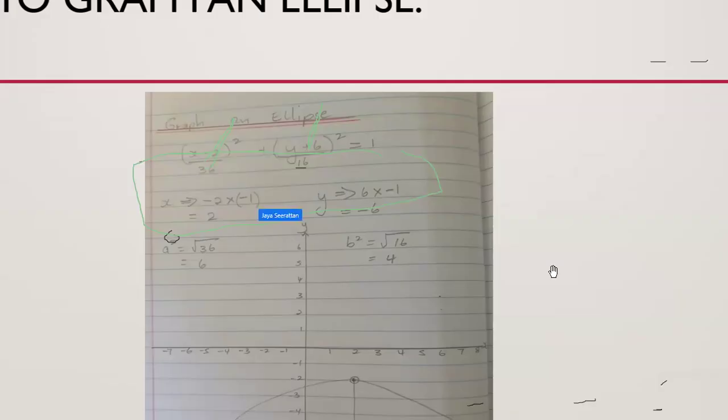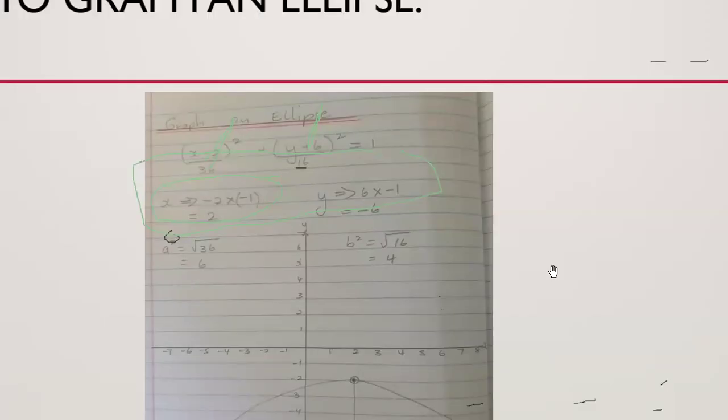Why do we multiply by negative 1? We multiply by negative 1 to reflect the point across the origin. So when we multiply the x value and the y value by negative 1, we end up with x equal to 2 and y equal to negative 6. That gives us the center of the ellipse.